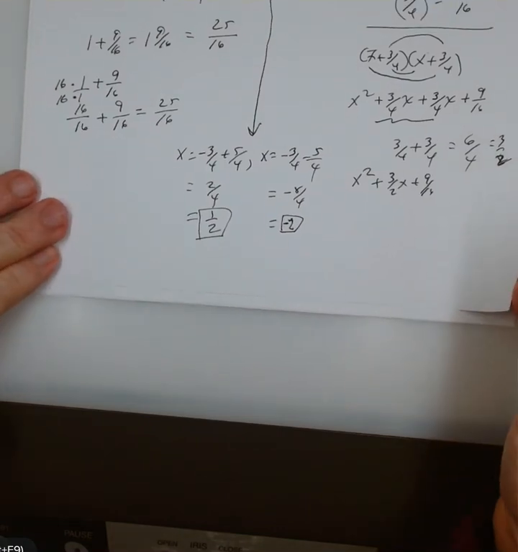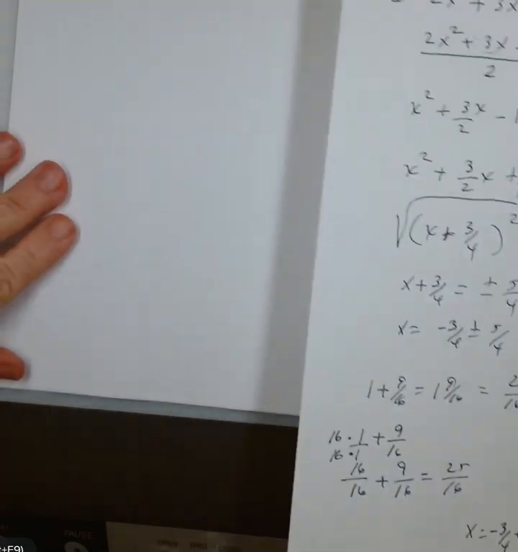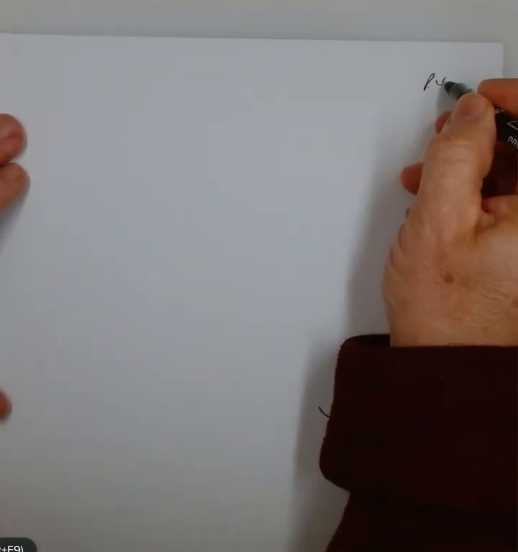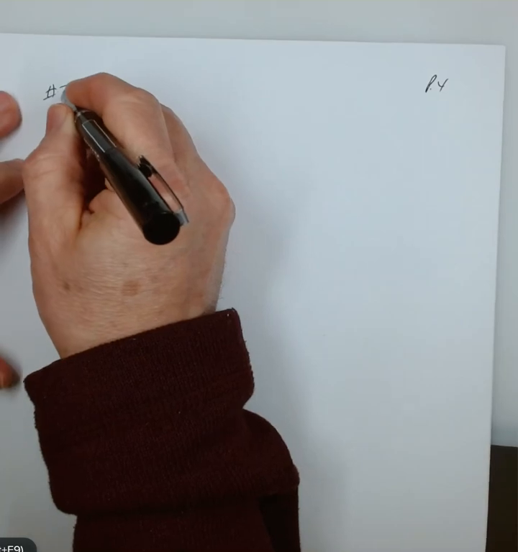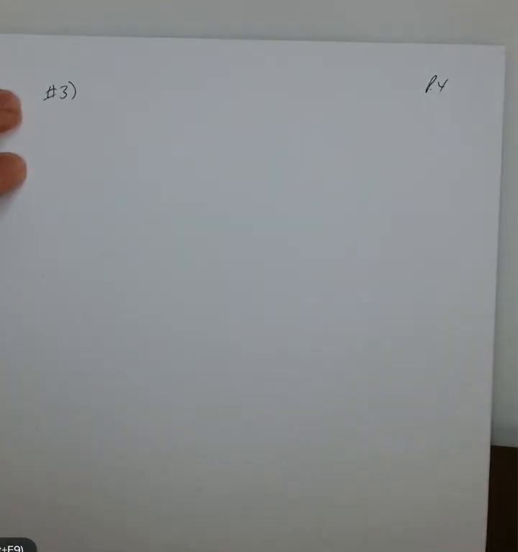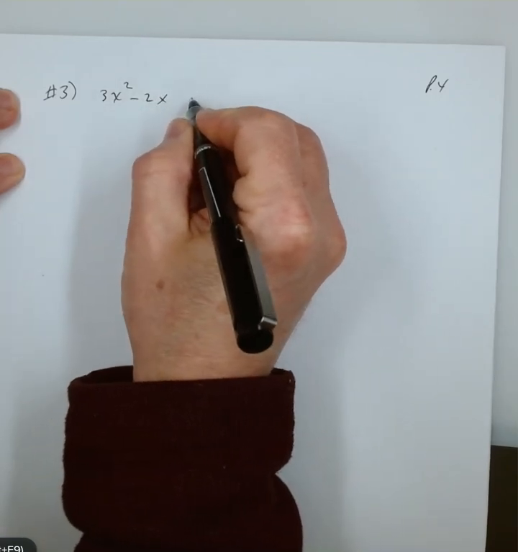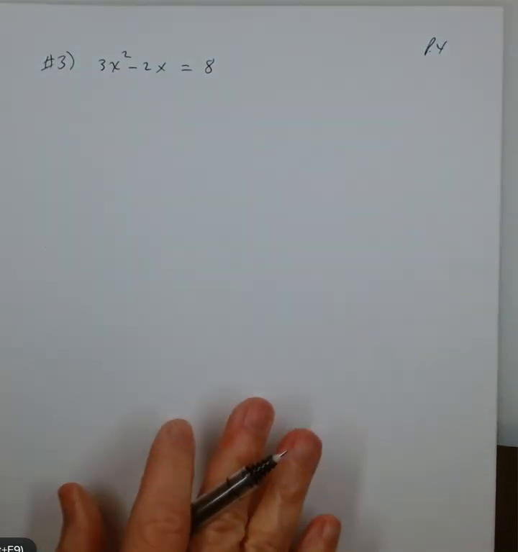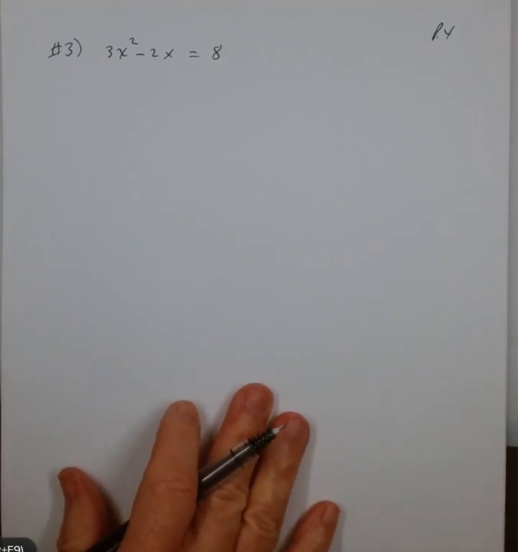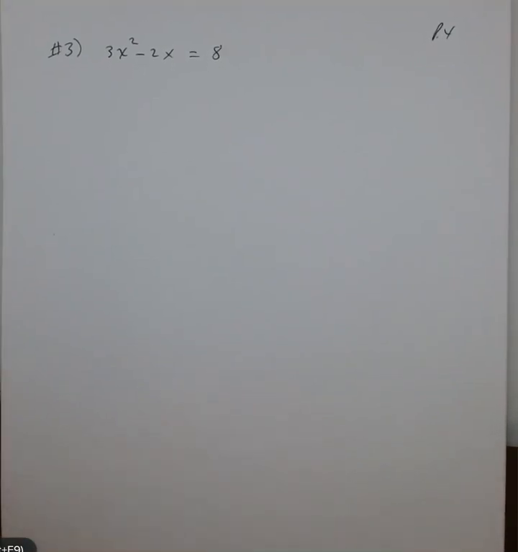All right, so let's do one more with this. So number 3. All right, so we have 3x squared minus 2x equals 8. So the constant's on the other side, but what do I need to do if I want to solve this by completing the square?